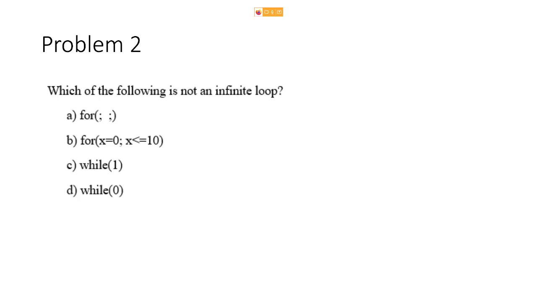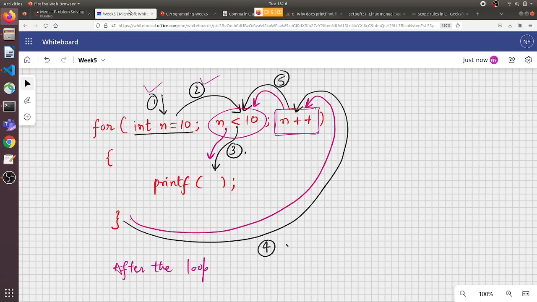Yeah, so someone has written in the chat that it is a loop which never ends, which means that the condition in the loop which is being checked, like the second part of the statement in the for loop, that is, if I go back, yeah, here.